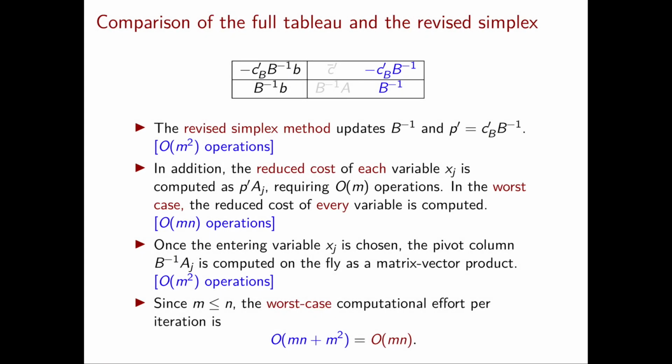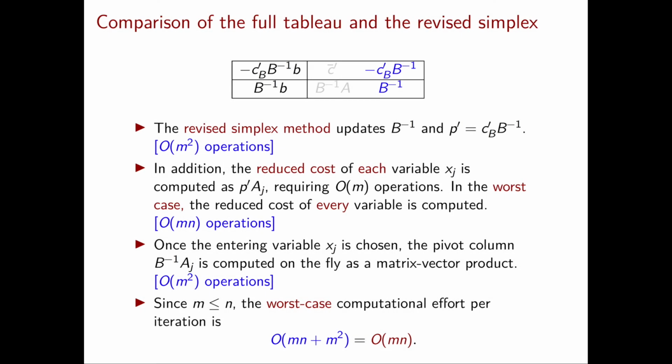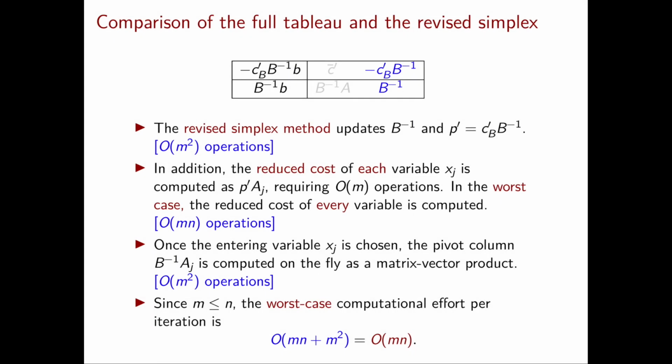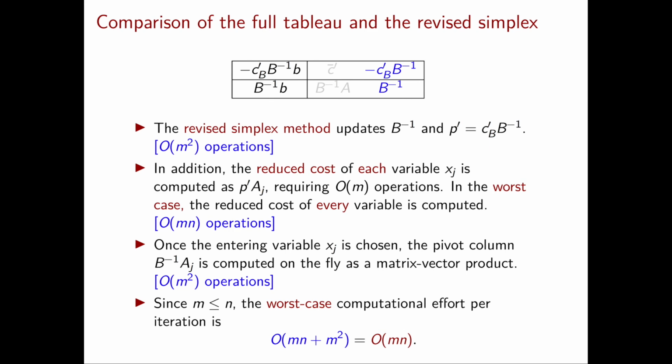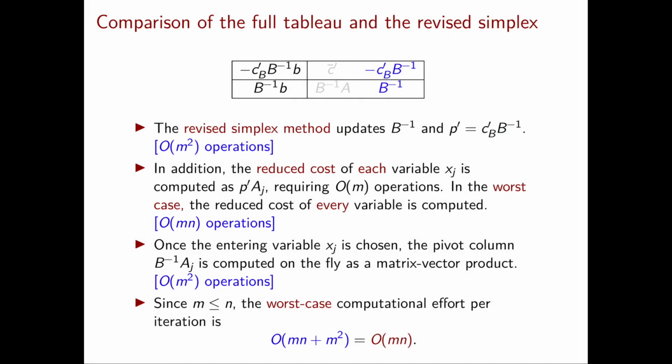On the other hand, the revised simplex method updates B inverse and the vector of the simplex multipliers. This requires only big O of m square operations because this part of the tableau has m plus 1 rows and m columns. Then the reduced costs are computed. Each one we know requires big O of m operations because it is obtained with the scalar product p transpose A_j. So in the worst case, when we need to compute all of them, we need a total number of big O of mn operations.